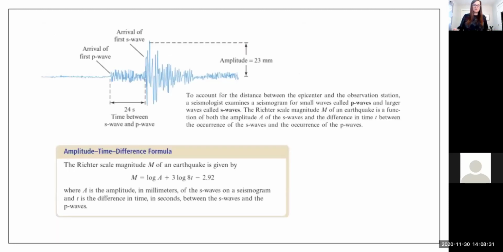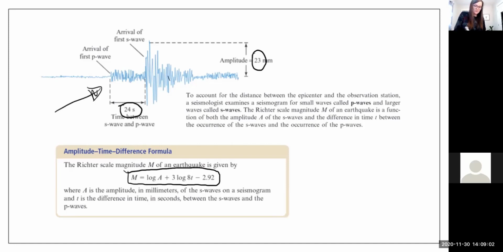Okay, so how they get that magnitude is from the actual seismogram. They'll have that first wave and they'll look at that time. And then the S wave, which is the big sort of bang, and the amplitude of that, of how far that goes out. And then they basically have a formula that involves logarithms to calculate that. So if you wanted to identify this was our wave on our seismogram, you would drop that information into the formula and calculate it.